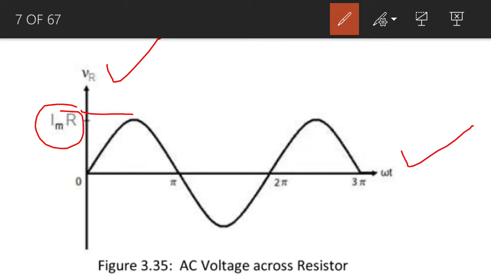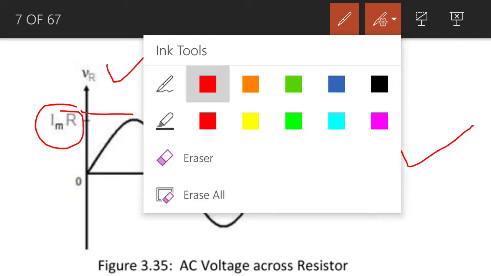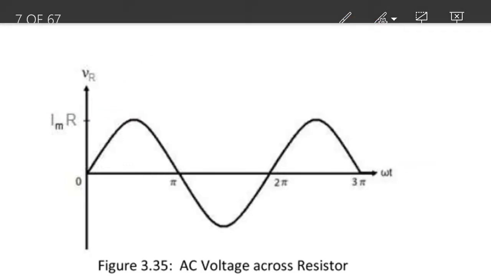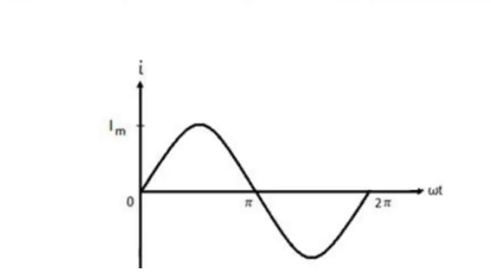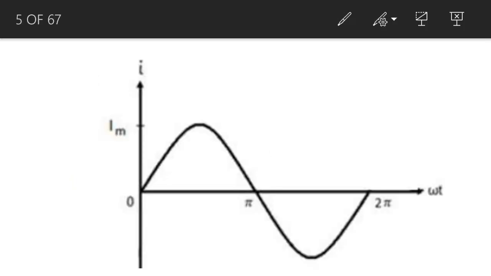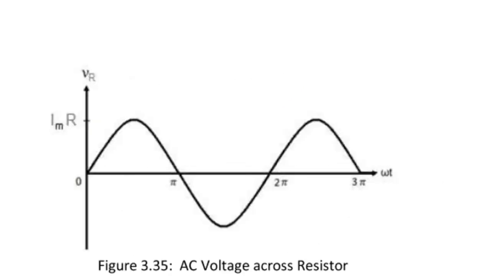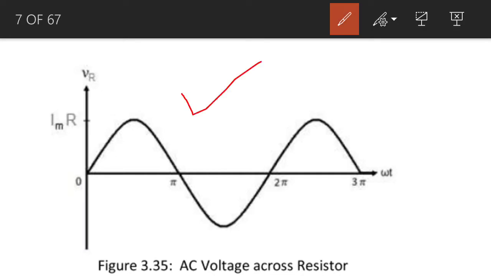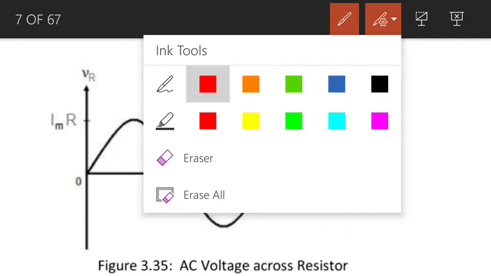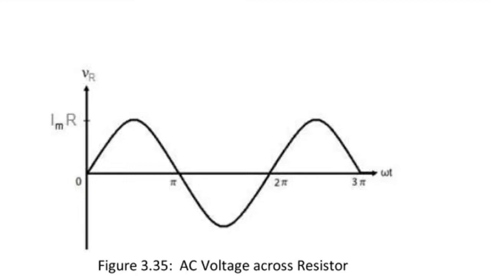So you see, we consider the waveform for the AC current. Here is the waveform for the AC current, and here is the waveform for the AC voltage across the resistor. We compare the waveforms as well as the equation.